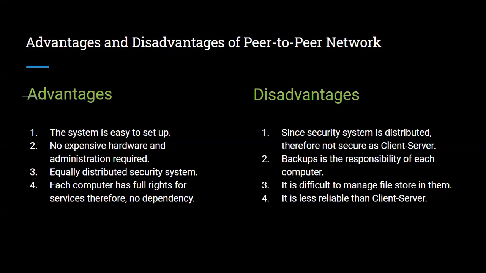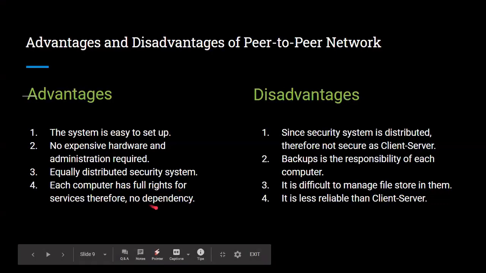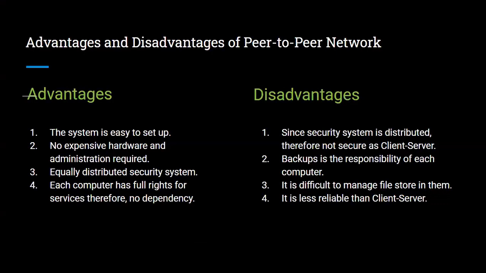Number 4, each computer has full rights for services, therefore no dependency. It means that since all have equal powers, they don't depend on each other. So these are the advantages.